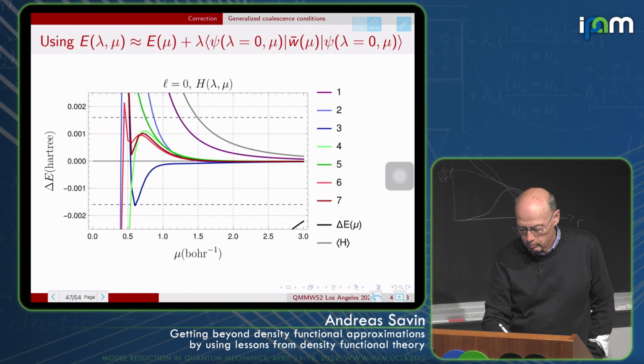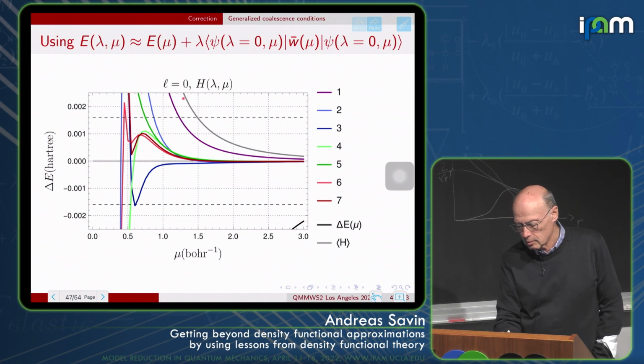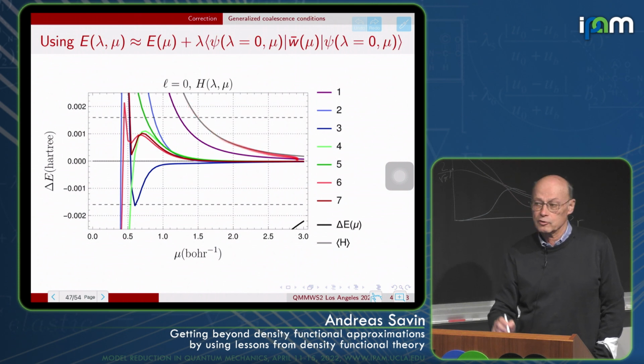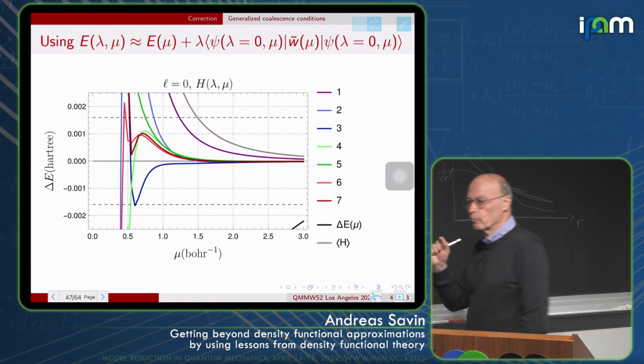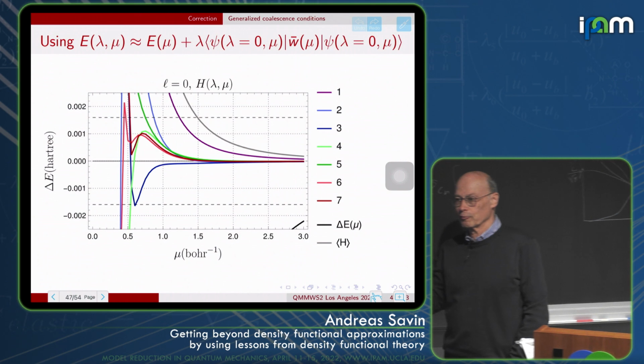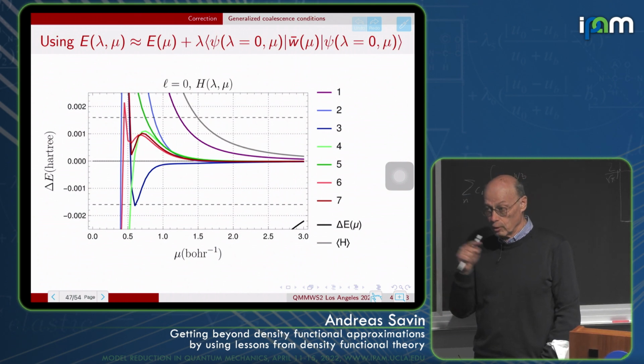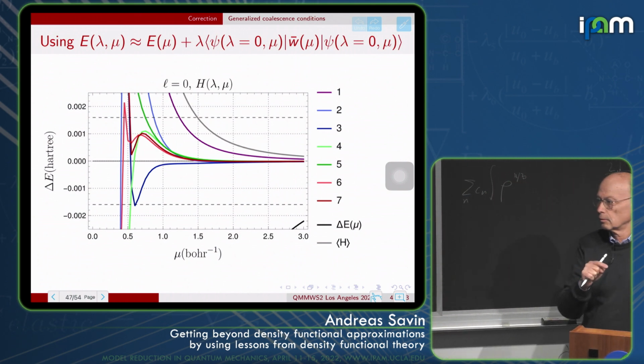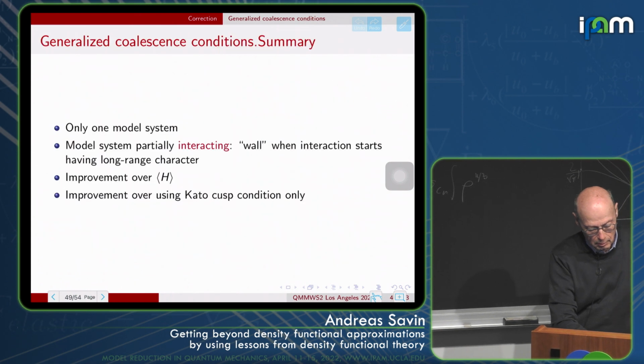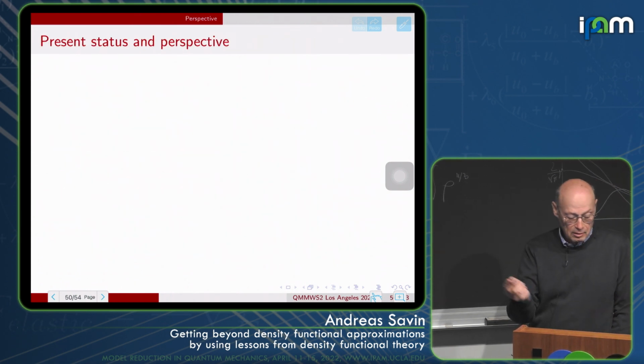Maybe one thing, you see, when I take all these curves here, this is the expectation value of the Hamiltonian. None of these curves uses more information provided by the model than the expectation value of the Hamiltonian. And they all get better. And so it's better than Kato-Kasper.